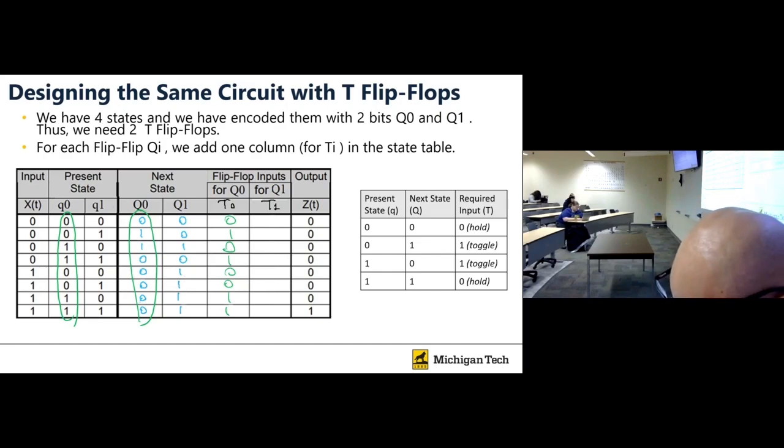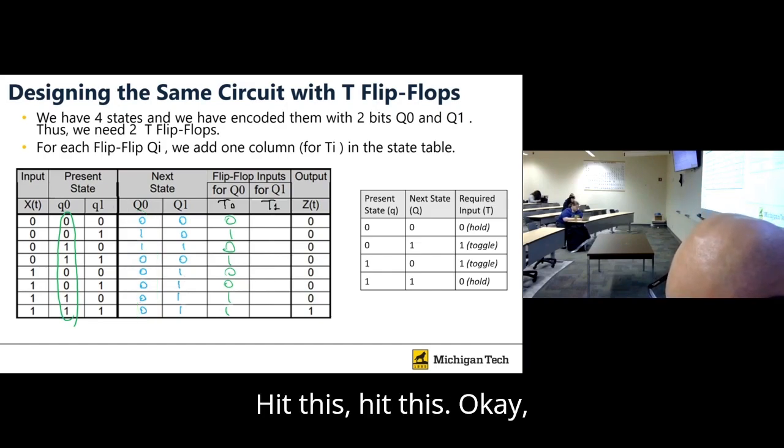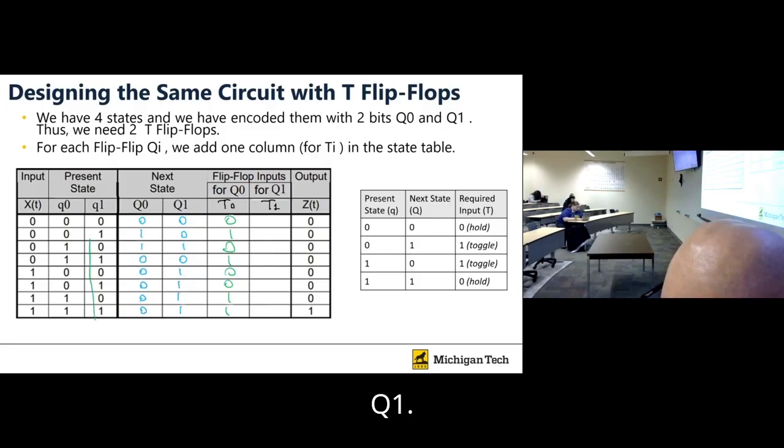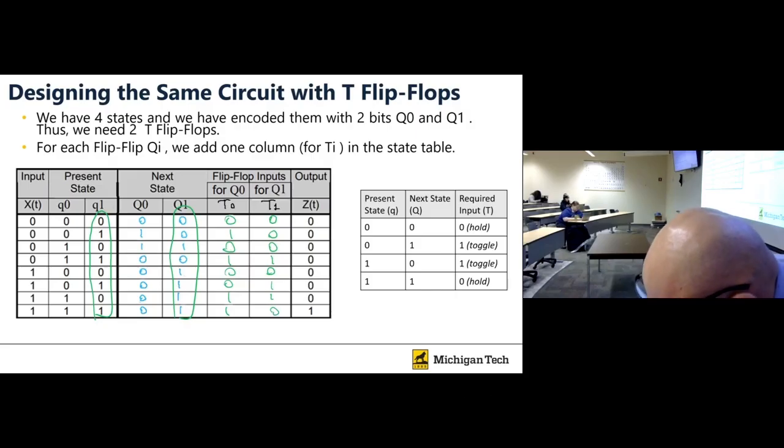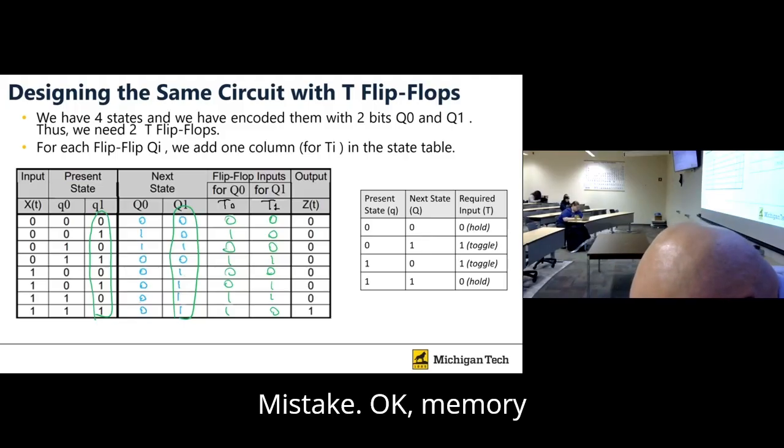Let's go for the next one. Okay, Q1. 0, memory, memory, memory, memory, memory, toggle, toggle, memory, right? Check again. Mistake. Okay, memory 0, toggle.